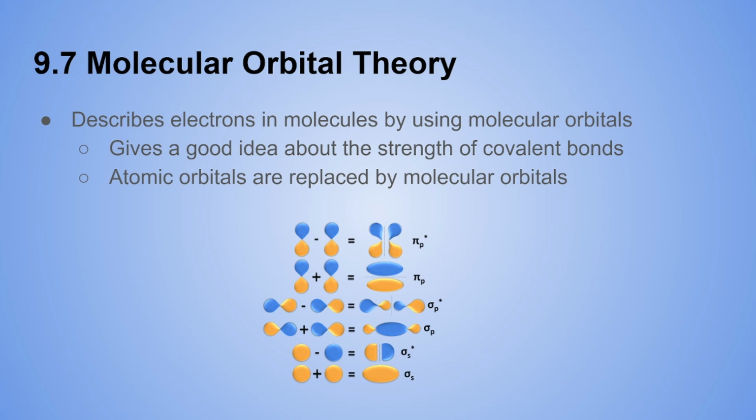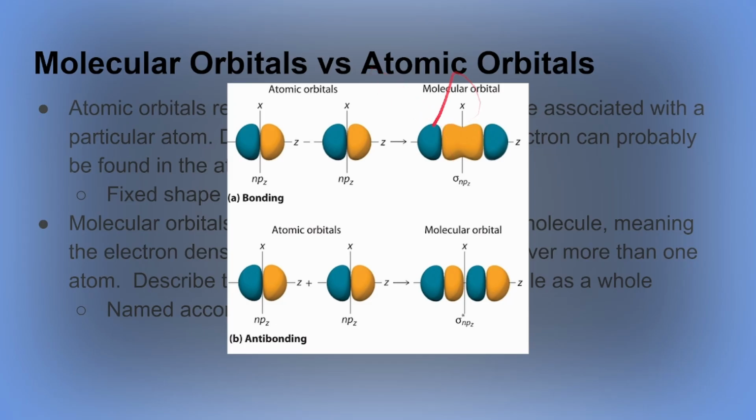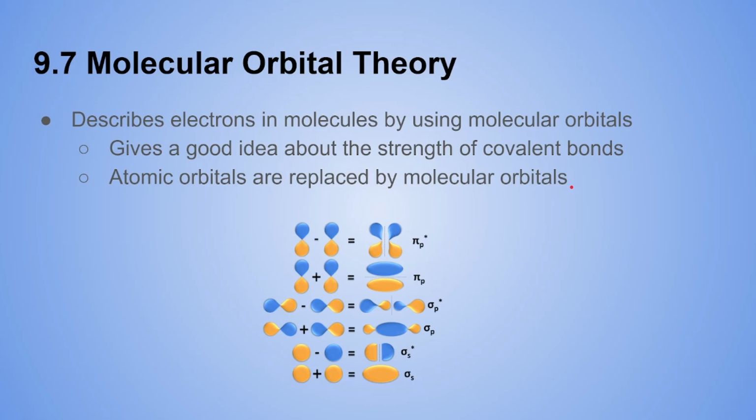It gives us a good idea about the strength of the covalent bonds between those molecules, and our atomic orbitals are replaced by our molecular orbitals in the diagram. Like in this one, we're completely replacing it to make our models. And this is just another example of some of the hybridization here and how that works out.